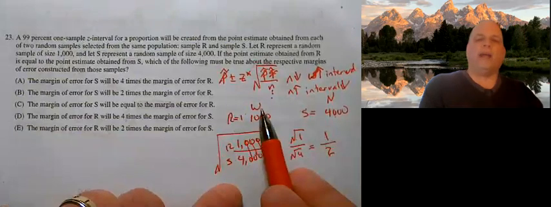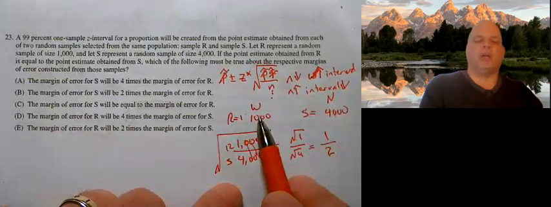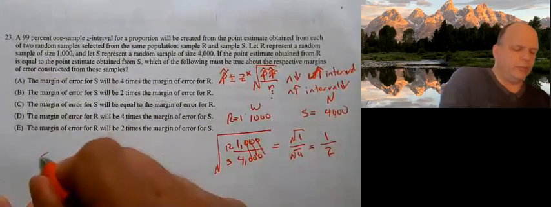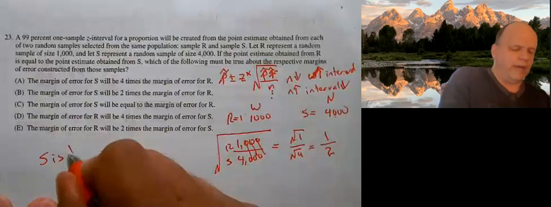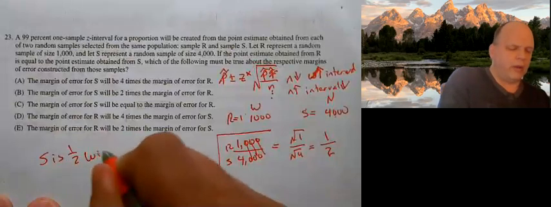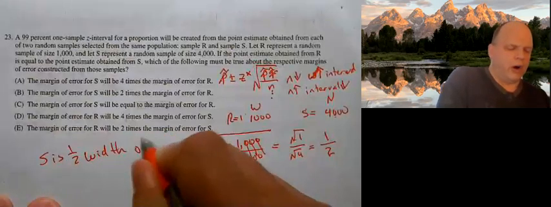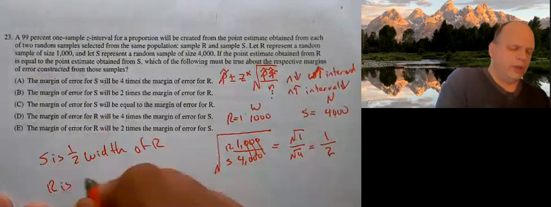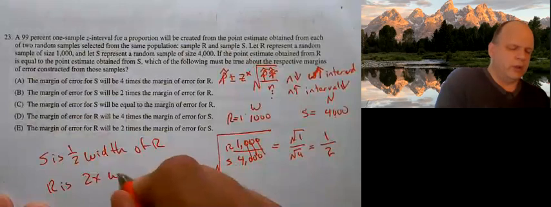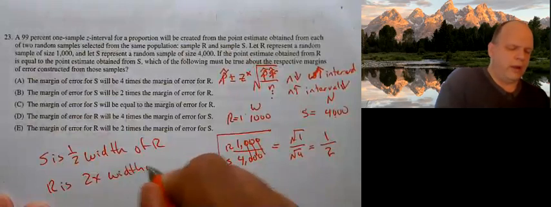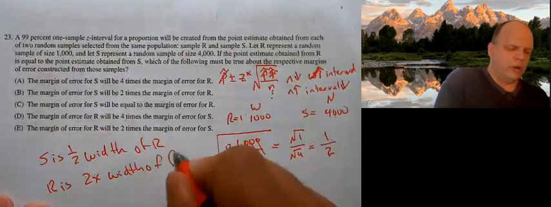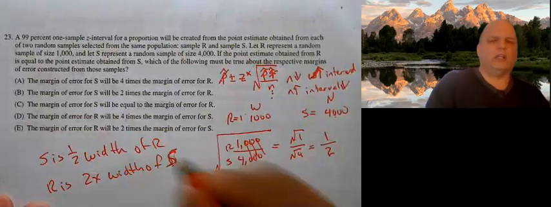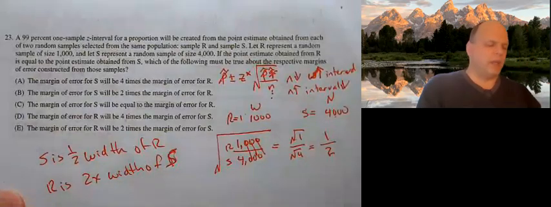Remember, it's wider the smaller the sample size. So S is half the width of R, or R is 2 times the width of S. Those mean exactly the same thing.